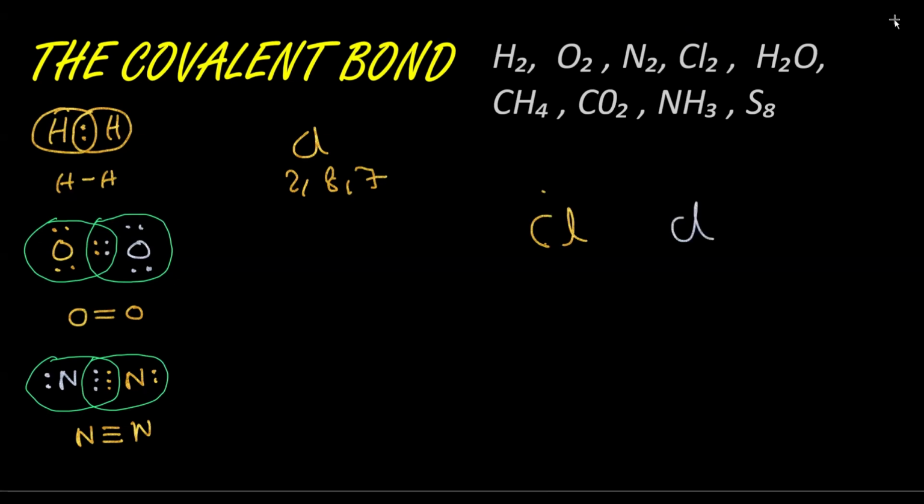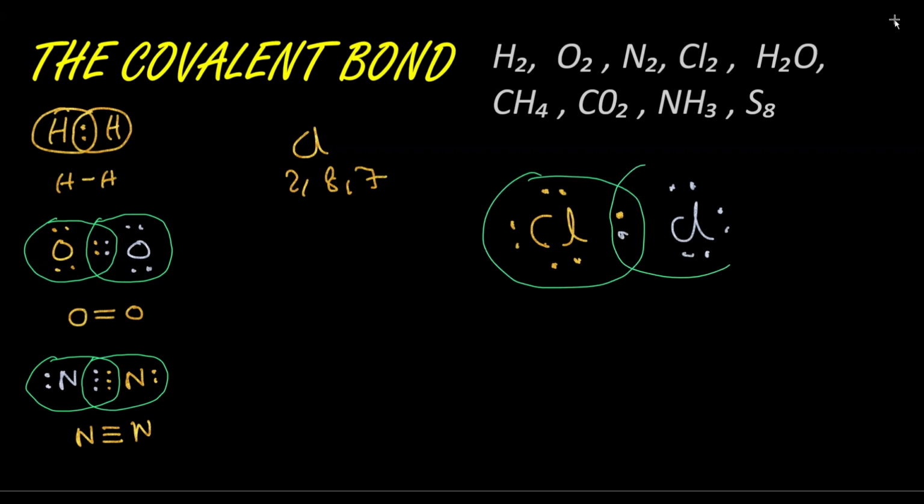This chlorine has, I'm using dots here to indicate the number of electrons, 4, 5, 6, and this 7th electron over here. The other chlorine atom has 1, 2, 3, 4, 5, 6, and the 7th electron over here. Now you can see that this chlorine will have 8 electrons, and so will the other chlorine atom. This way, chlorine forms a single covalent bond, and the chlorine molecule is formed like this.